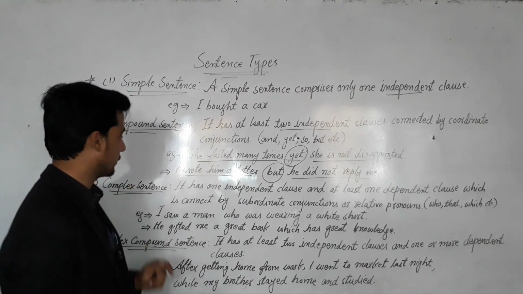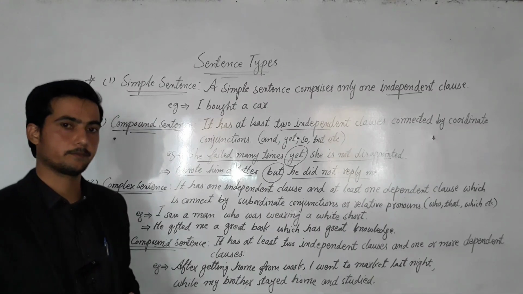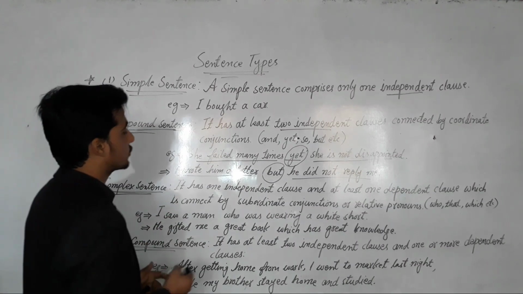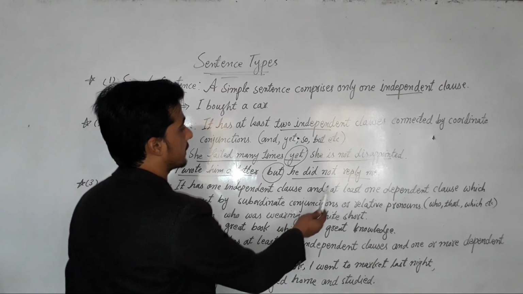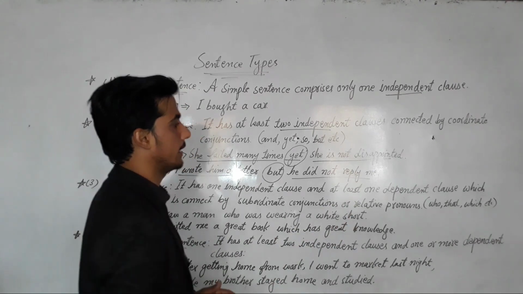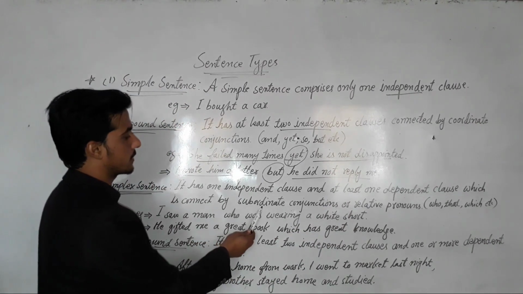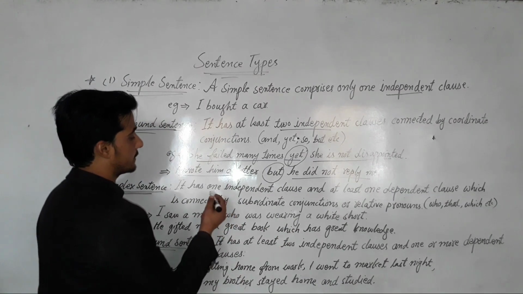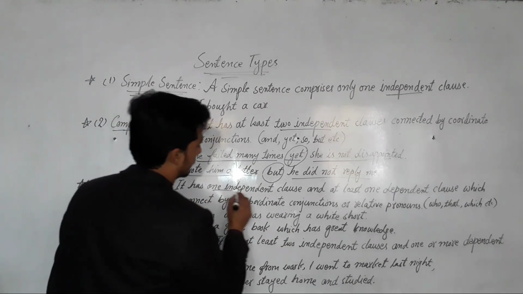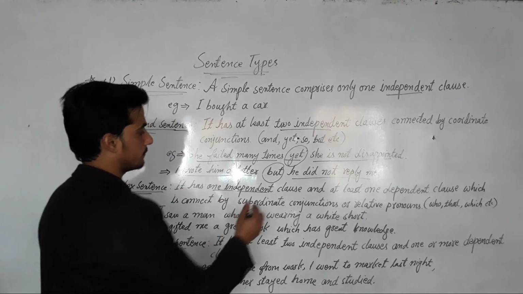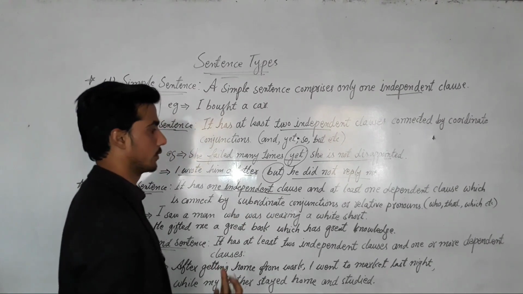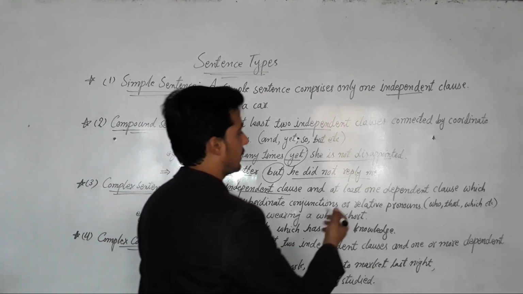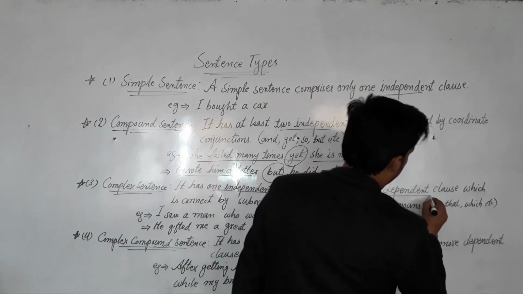Okay, the third one we have is complex sentence. It has one independent clause and at least one dependent clause which is connected by a subordinate conjunction or relative pronoun. It says that it has one independent clause which can stand alone as a sentence, and at least one dependent clause.